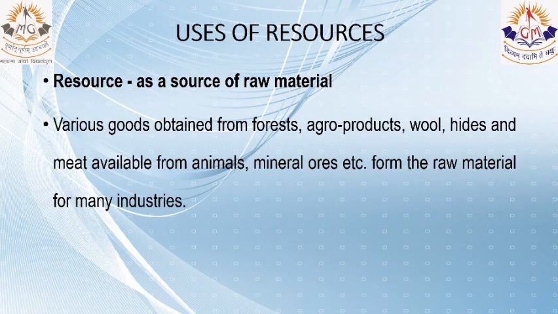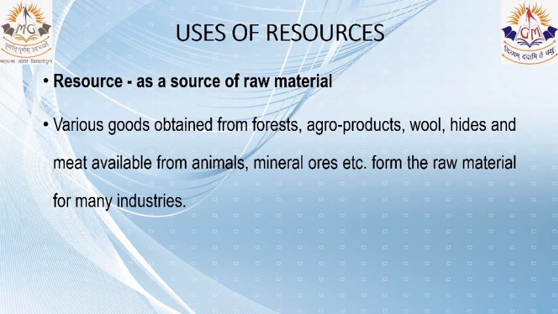Now we come to the second classification of resources. That means resources, natural resources being used as a raw material. Various goods obtained from forests, that is wood, leaves, fruit, whatever.